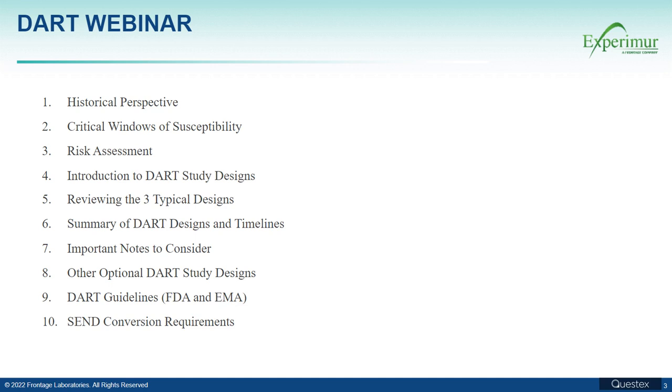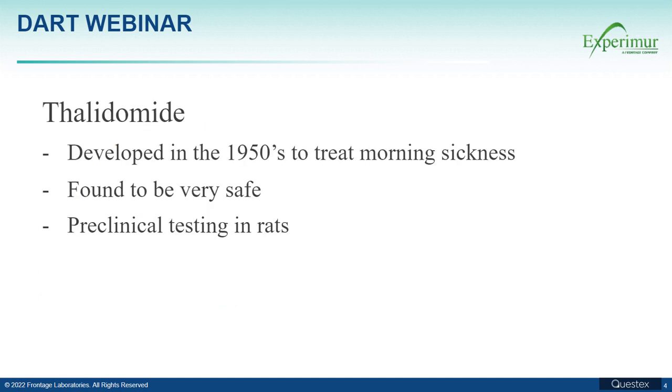He'll review 3 typical designs, and he'll give a summary of those designs and some timelines for dosing and completion of the studies. And then he'll talk a little bit more about other aspects of DART study designs and other types of designs, as well as the direct guidelines and SEN conversion requirements, as I'm sure we all know and love. So to begin, I thought I would give perspective on where DART regulation came about.